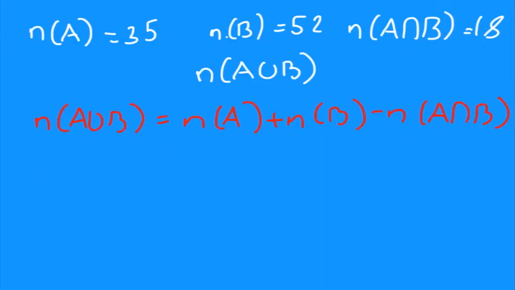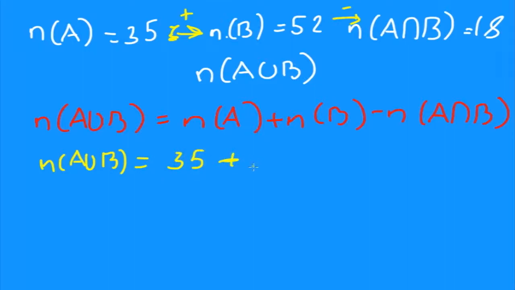So the only thing that this is saying is that we are going to add these two and we're going to subtract this one. So n(A ∪ B) is going to be equal to 35 plus 52 minus 18. And we get 69.